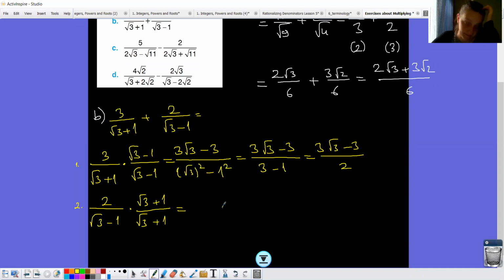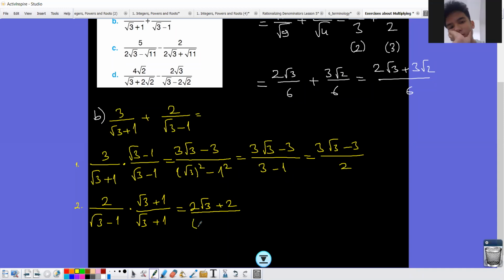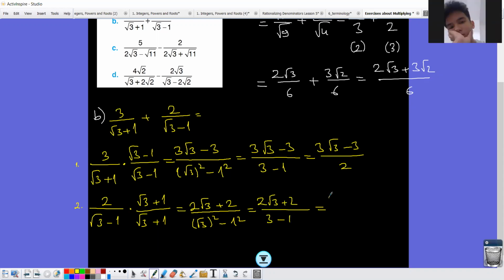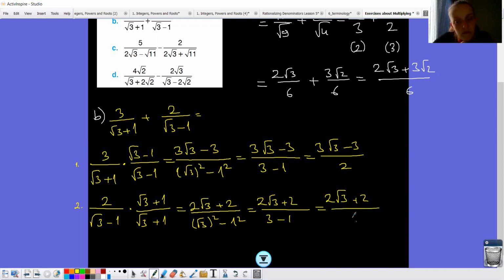Then what will we get? 2 root of 3 plus 2 over root of 3 squared minus 1 squared. Then we will get 2 root 3 plus 2 over 3 minus 1, which is 2 root 3 plus 2 over 2.